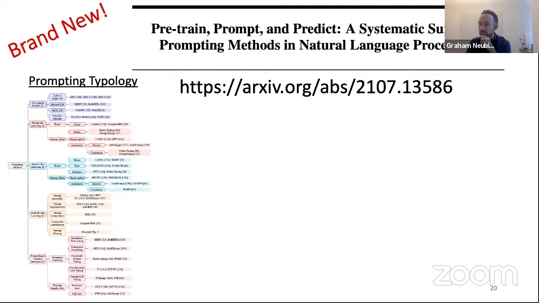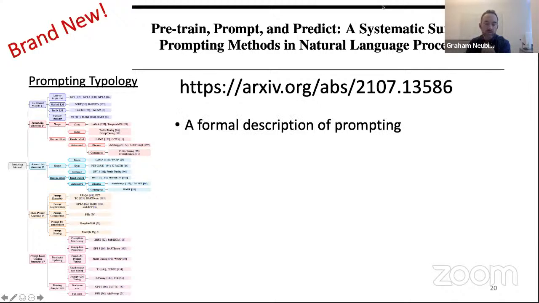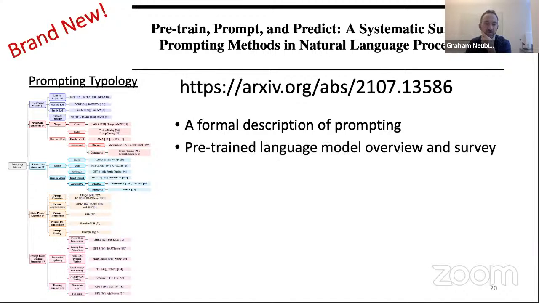Basically what we try to do here is create a typology of all of the different prompting methods that people are using. Overall, we give a slightly more formal description of prompting that allows things to be expressed in a single framework. We give an overview of pre-trained language models.